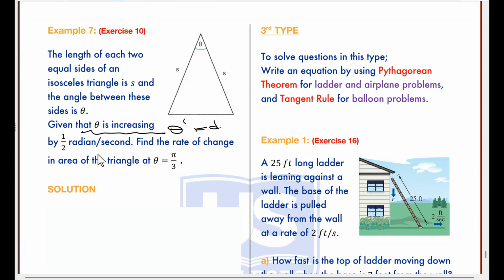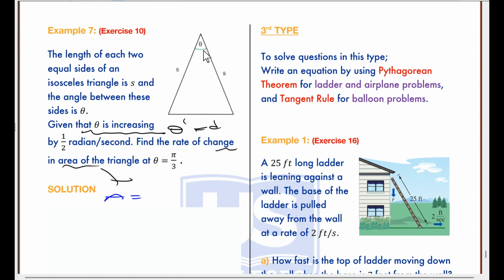So find the rate of change in the area of the triangle. So what is the area formula? This is the first thing to remember: the area formula for an isosceles triangle when the angle formed between the equal sides is given. The general area formula for triangles is 1 over 2 times base times height, but we don't have a base or any heights.